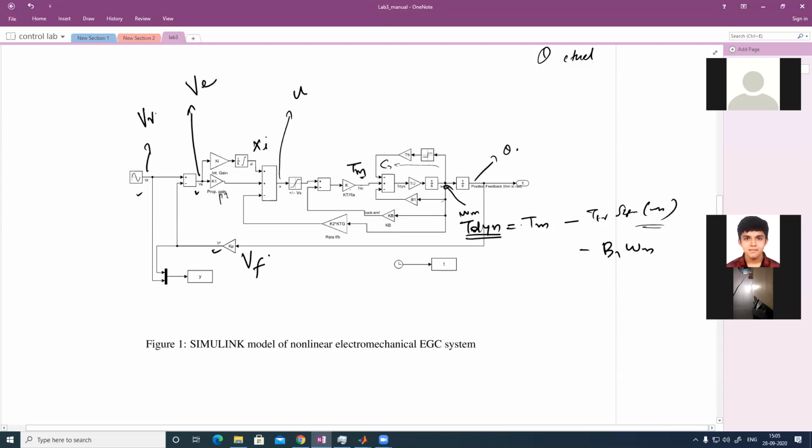T dynamic equals this Tm minus Tfr into signum function of omega M minus B1 into omega M. And this is theta. All other things, we named something here. That is the only difference; we named these things.